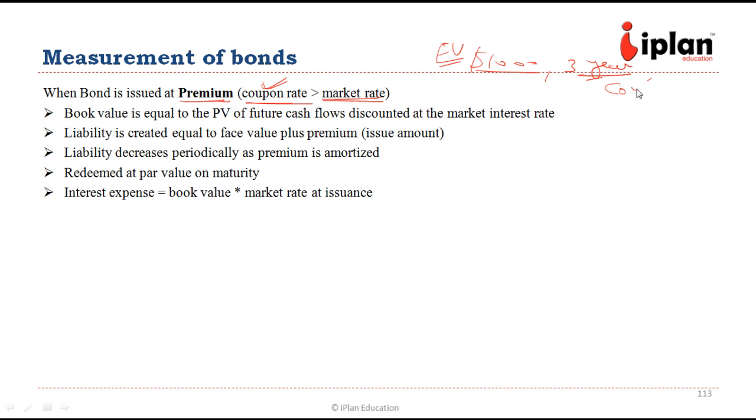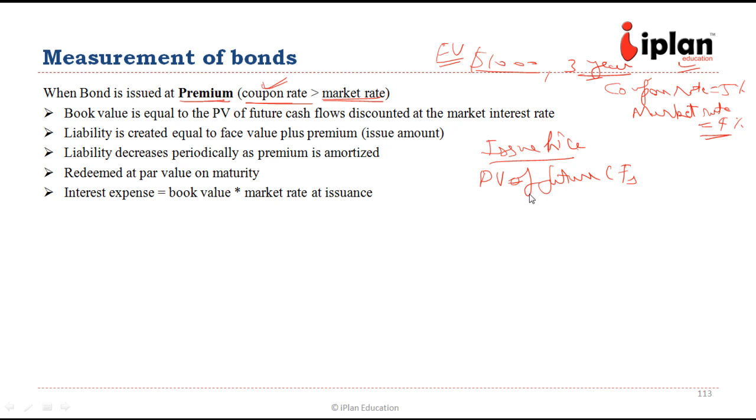Say coupon rate is 5%, but the market rate is 4%. So this is paying more coupon, so that is why it is being traded at premium. So what should be the issue price or market price? It is going to be equal to present value of all future cash flows.